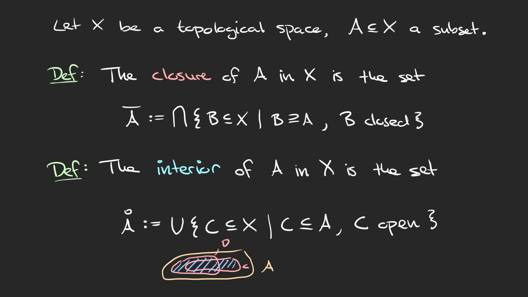So the closure of A would be the best approximation of A by closed sets from the outside, and the interior of A would be the best approximation of A by open sets from the inside.